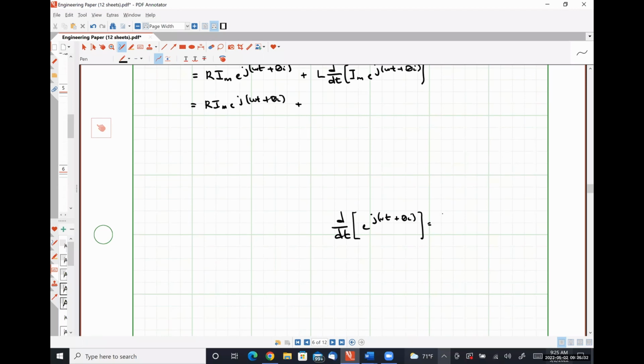I would argue that this is the same as taking the derivative of e to the j omega t multiplied by e to the j theta I. The right-hand term is a constant. So what's the derivative of e to the j omega t?